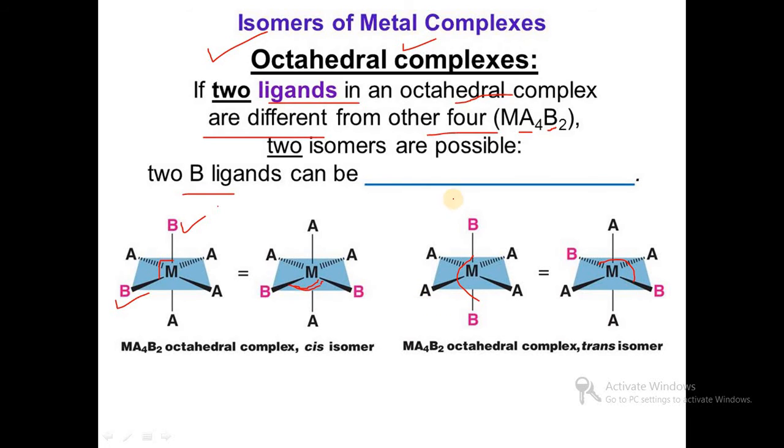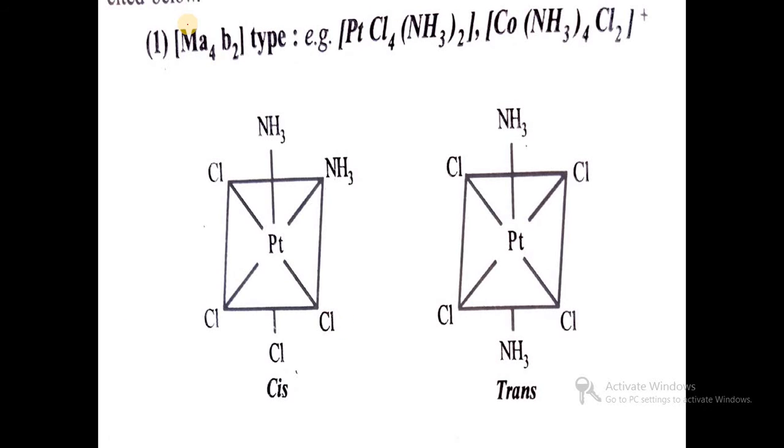So in the case of MA4B2, we get a cis isomer and a trans isomer, positioned like this. So the first example is geometrical isomerism of coordination number 6, and the geometry is octahedral. We are studying only octahedral geometry.